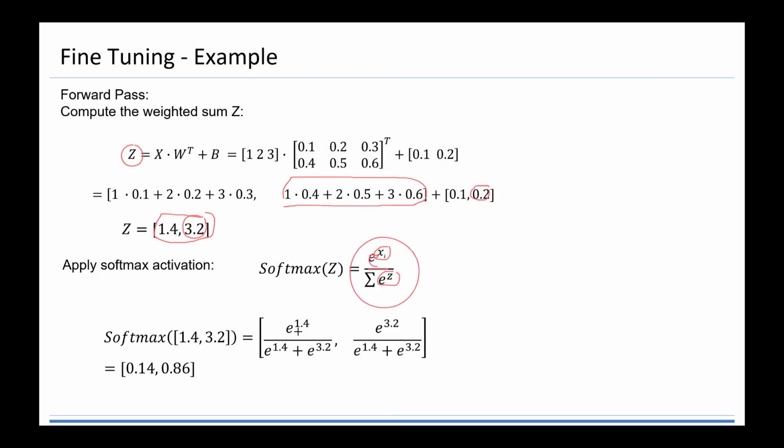So we have the softmax of the values 1.4 and 3.2, like this one. So we can just fit into this matrix.